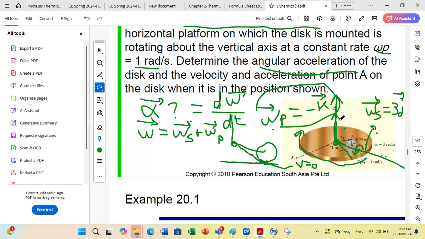Therefore I can say that omega p is not changing in direction, so it's as if we went back to 2D motion. So if I want to derive omega p with respect to time, I just need to consider the change in magnitude. Do I have a change in magnitude for omega p? No. They said that it's rotating at a constant rate. So what is the derivative of omega p with respect to time? It's zero, because it's not changing in magnitude and it's not changing in direction.